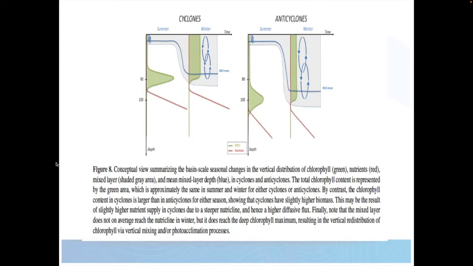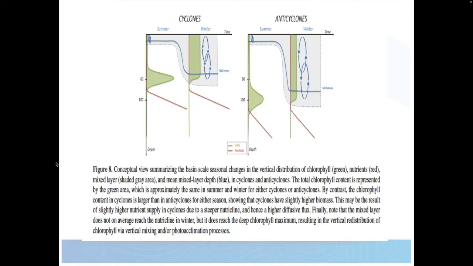We came up with an explanation, which we divided between cyclones and anticyclones in the Gulf of Mexico, essentially suggesting that during winter, when the mixed layer goes deep, it doesn't actually go as deep as the nutricline.